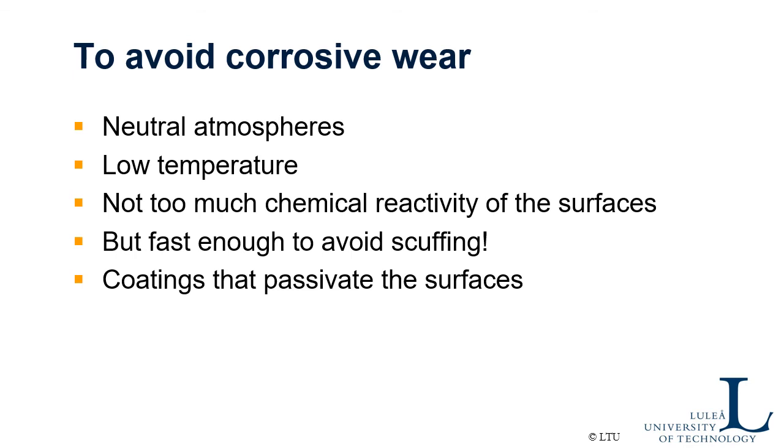The choice of material is important there, of course. And to repeat it a third or fourth time, there should be some corrosive wear, because otherwise you may end up in scuffing if you don't form a new protective layer when wear has taken place. Coatings of different types can help to passivate the surfaces and then also reduce the corrosion of the surface.